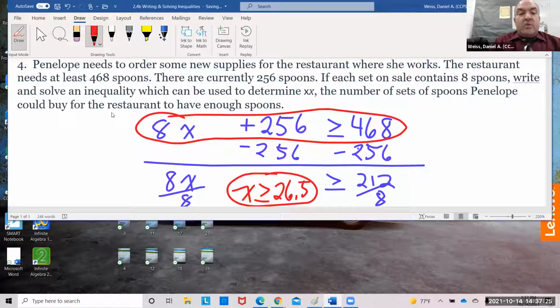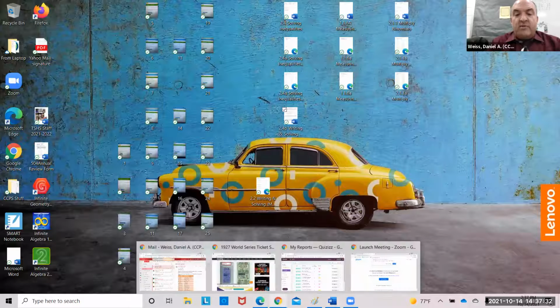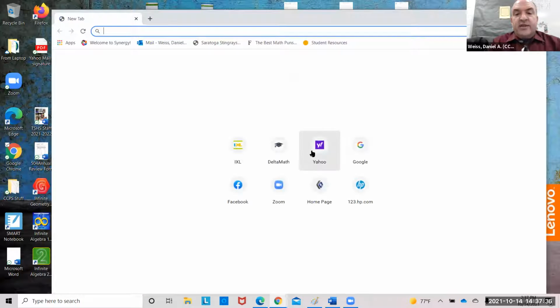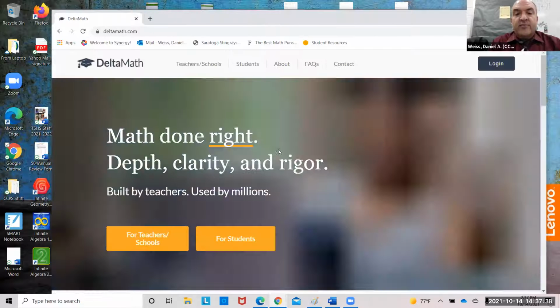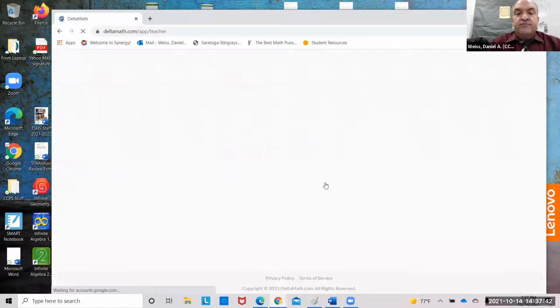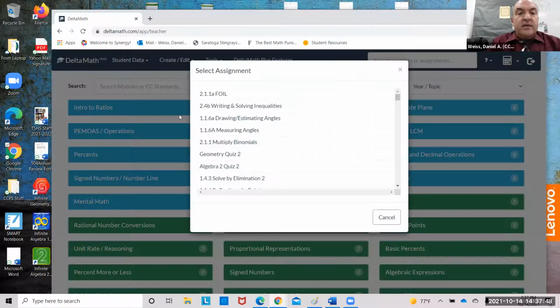I want to take some time. I've just decided, because there was one problem in Delta Math, let's go to Delta Math and take a look.